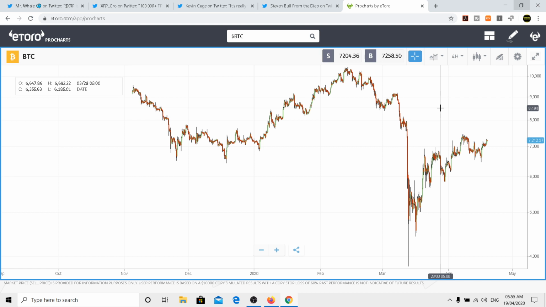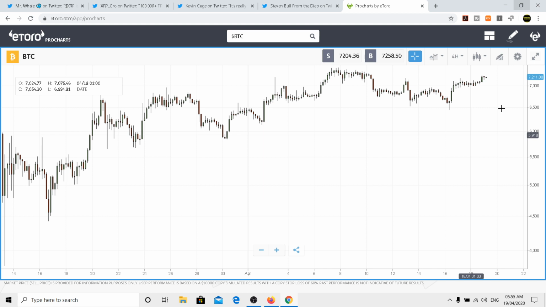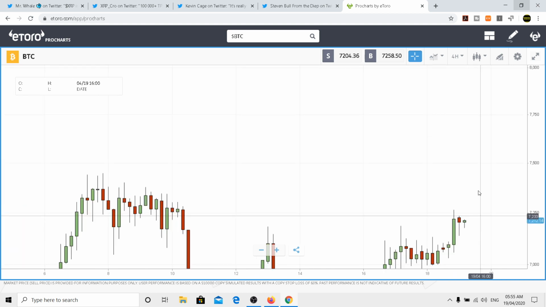But when it went around 3,500, 4,000, I started noticing the asset class and I started going in. But at that time, I was not a holder, I was a trader. So if you are doing the same now, you'll also miss out on huge profits.